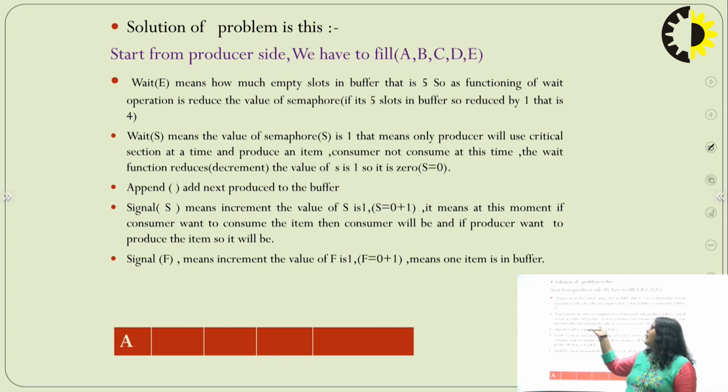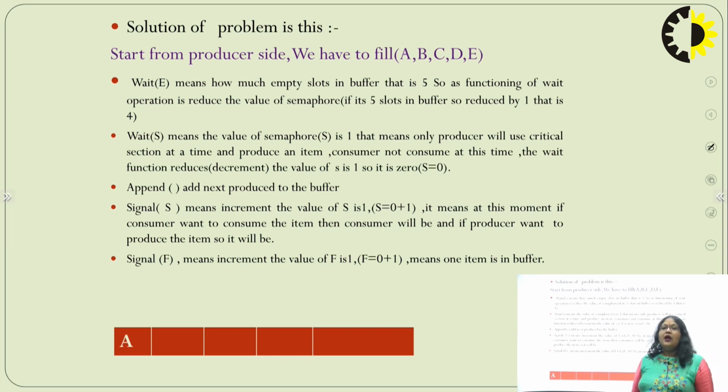So no one else interrupts or executes code at this time, because the section is used by the producer. Now the value of S is 0, so no one else can come to produce an item. Now append is used for appending to the buffer. Next, signal S increments the value, so S is 1 again, because this is a signal operation, an increment. Wait signal reduces the value, and signal S increases the value.